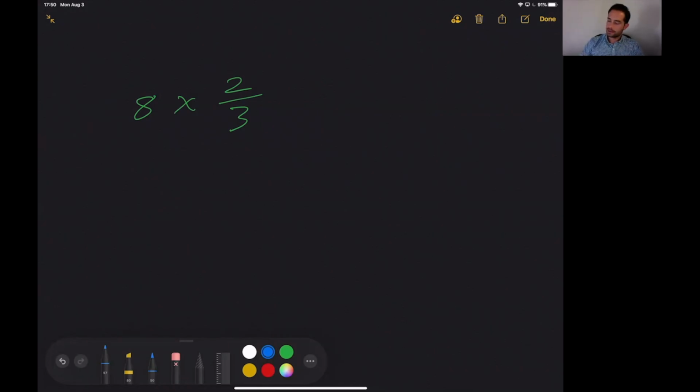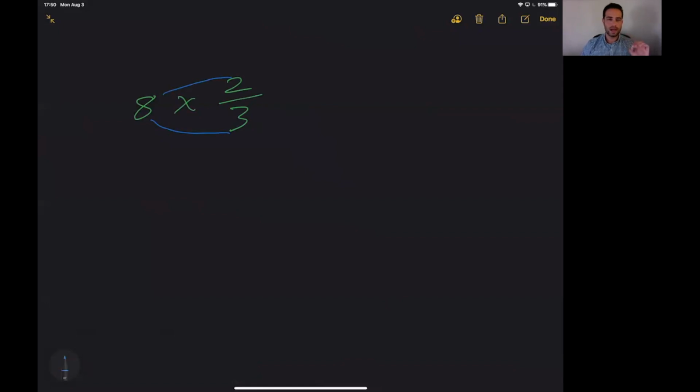Sometimes people will say, well, we do 8 times 2 and we do 8 times 3. Now, the reason that is wrong is because if you multiply the top and bottom by the same number, you're actually just multiplying by 1. But we're supposed to be multiplying by 8 in this problem.